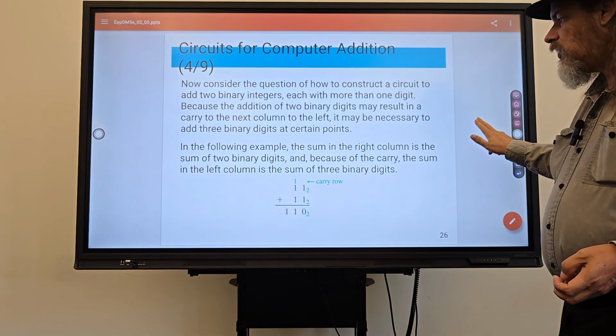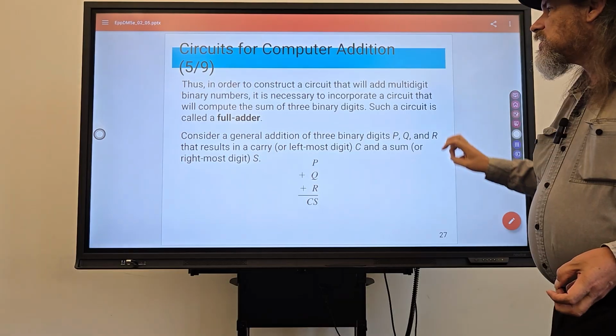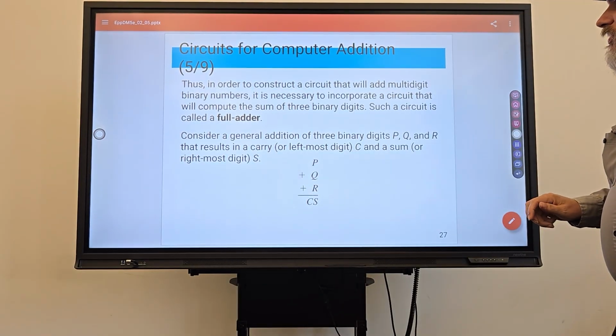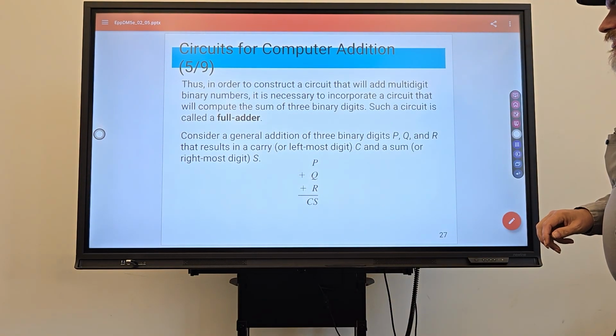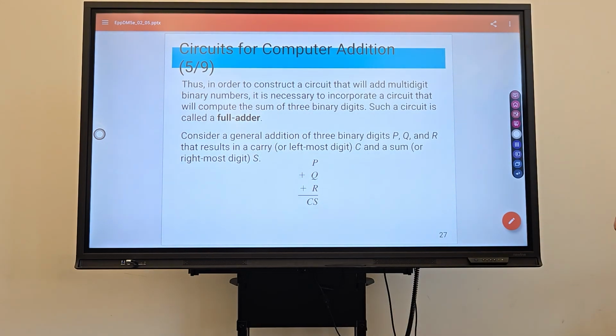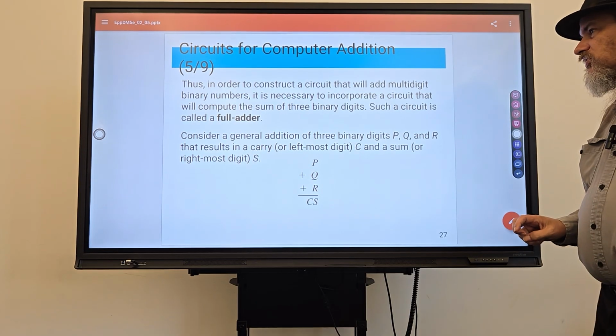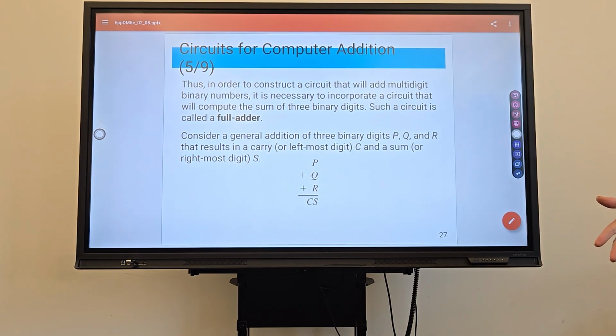So, to construct a circuit that will add multi-digit binary numbers, it is necessary to incorporate a circuit that will compute the sum of 3 binary digits. Such a circuit is called a full adder. It is constructed using 2 half adders.